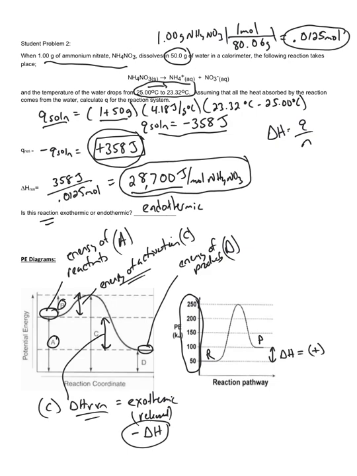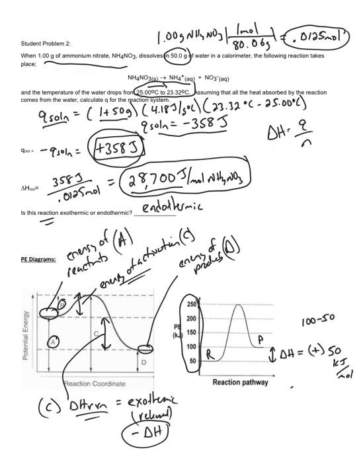What is the exact enthalpy of this reaction? Positive what? Hopefully you said positive 50 kilojoules per mole, because we end at 100, but we started at 50. 100 minus 50 gives me 50 kilojoules per mole positive.